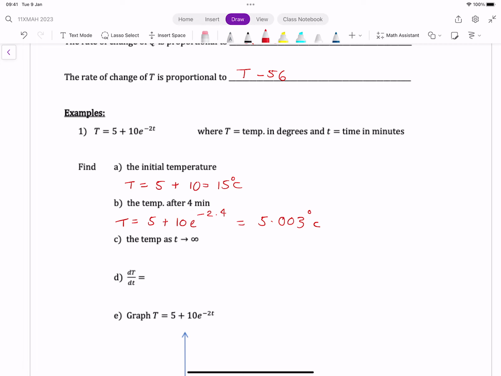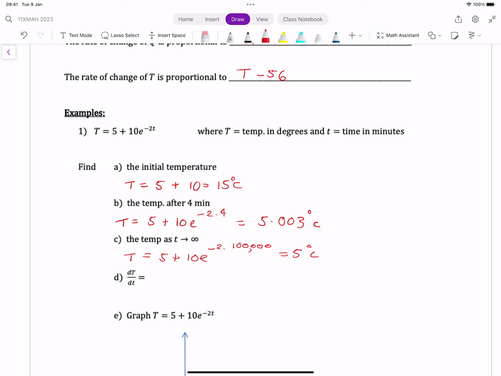There's two ways of going about this. If I substitute in, say, 100,000, 5 plus 10e to the minus 2 times 100,000, your calculator's going to give you 5. Obviously, the answer's not actually 5. It's going to be 5 point, then a lot of zeros and some decimal.